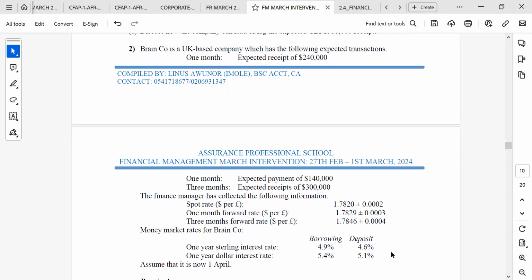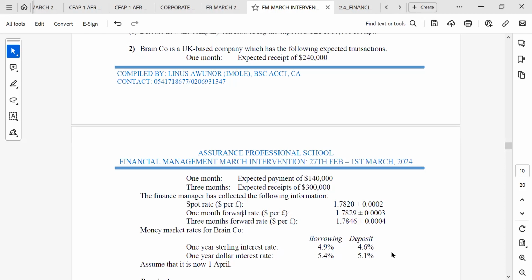Grain Company is a UK-based company which has the following expected transactions. In 1 month, expected receipt is $240,000. In 1 month, expected payment is $140,000. In 3 months, expected receipt is $300,000.